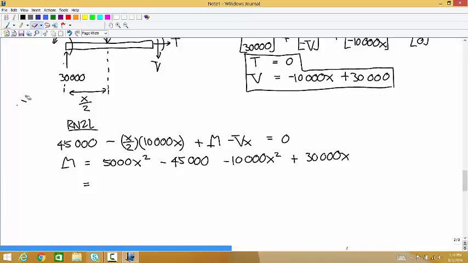So negative 5,000 x squared plus 30,000 x minus 45,000. That's M.